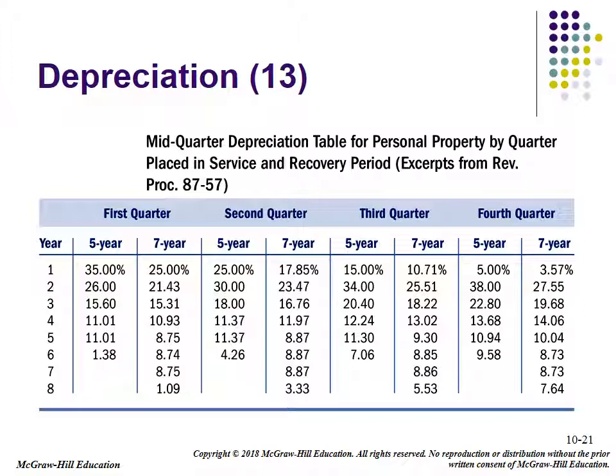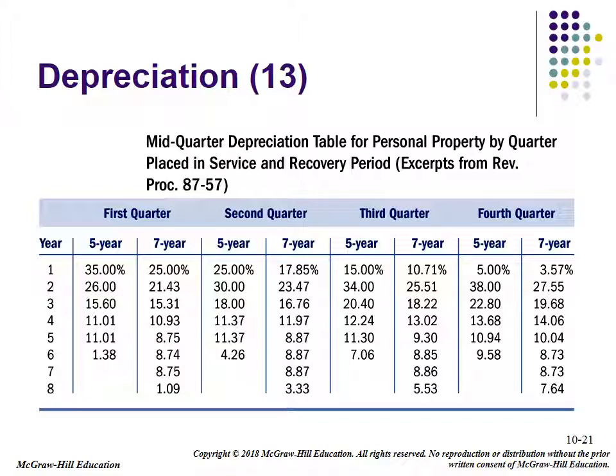You use your column and your row, and where they intersect, that's the percentage you will use. So you can see for a 5-year asset, first year, 20% is the amount you use to calculate depreciation. So the dump truck would be $40,000 times 20%, $8,000 of depreciation in year 1.